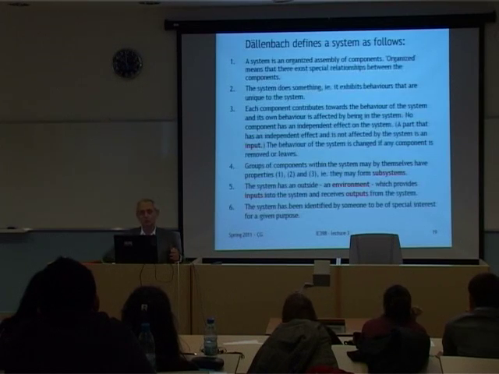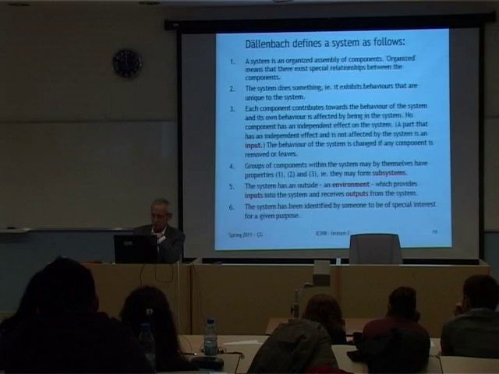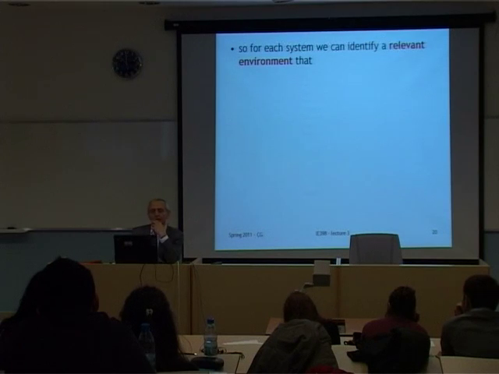The most important component probably, or entity in systems, is the environment, the boundary. The boundary is the most important part of the system. Beyond the boundary, we have the environment. Now, we can identify for each system not a single environment, but a relevant environment.